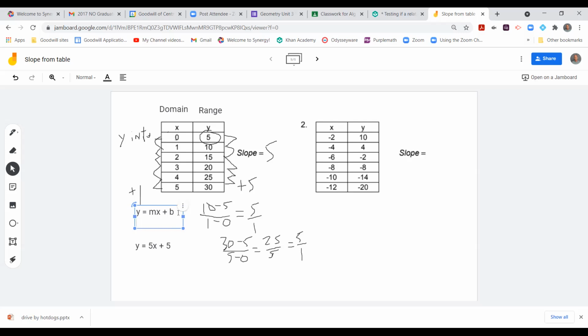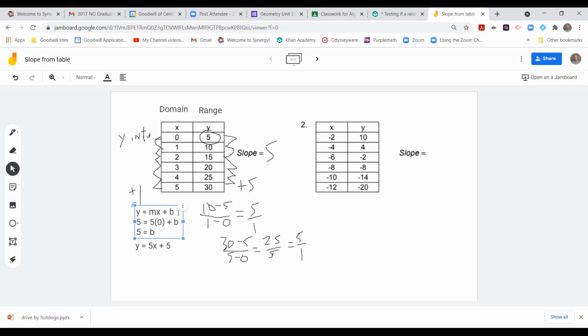I'm going to use the very first number, the first order pair. 5 equals, my slope is 5. We just calculated that. x in that order pair is 0 plus b. Now I'm finding b again. And because 5 times 0 is 0, I get the same answer, 5 equals b.